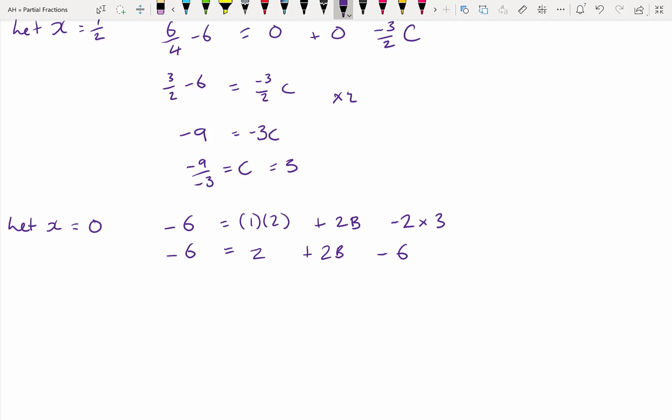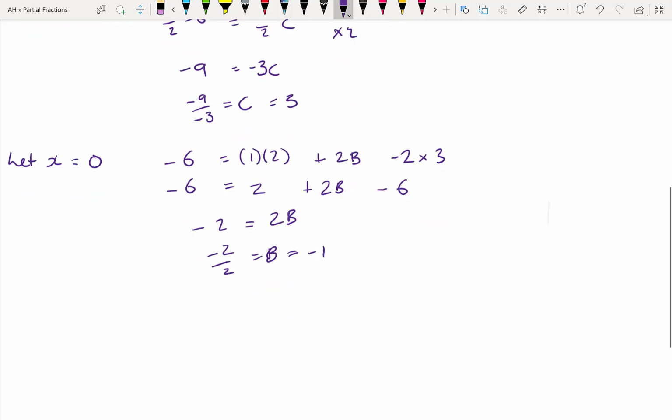Okay, tidying that up, 2 minus 6 is minus 4, take that over, becomes plus 4, so I get minus 2 is equal to 2b, so minus 2 over 2 is equal to b, which is equal to minus 1.